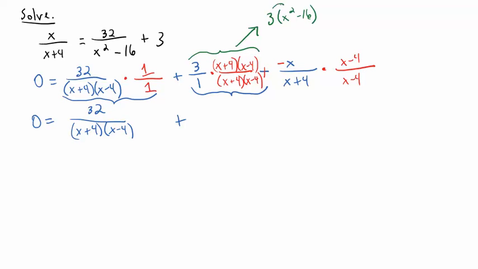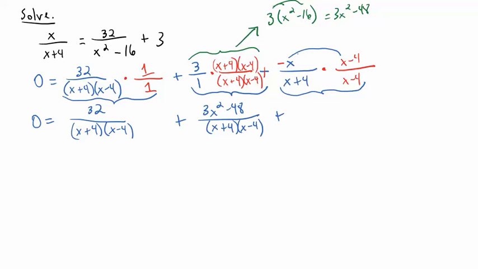And if I distribute my 3, I get 3x squared minus 48. So my numerator is 3x squared minus 48. My denominator is what I want, x plus 4, x minus 4. And then plus my last fraction, when I multiply these, I'll distribute my negative x to get negative x squared plus 4x on top. And on bottom, I'll have x plus 4, x minus 4.